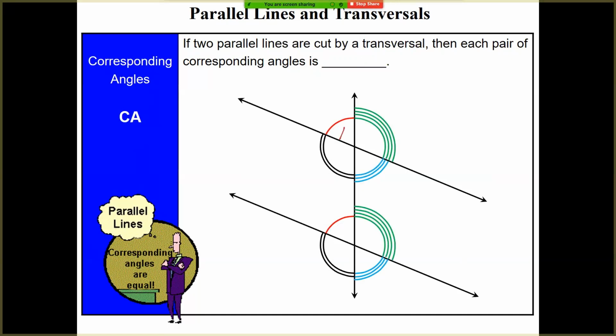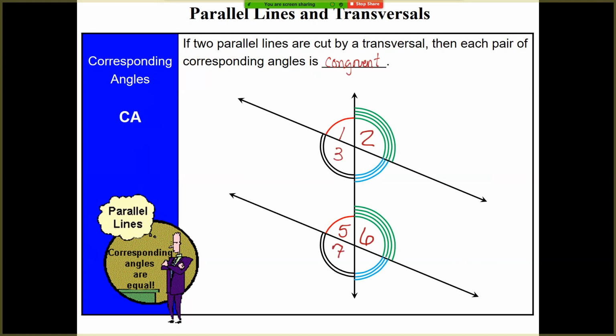So if I said this was angle 1, it would be congruent to, let's say, angle 5. Those are congruent to each other. If I labeled this 2 and this 6, angle 2 would be congruent to angle 6. If I labeled this 3, 3 would be congruent to angle 7.